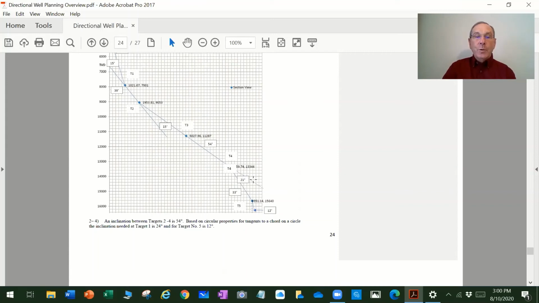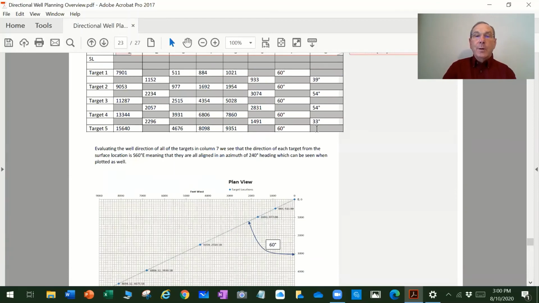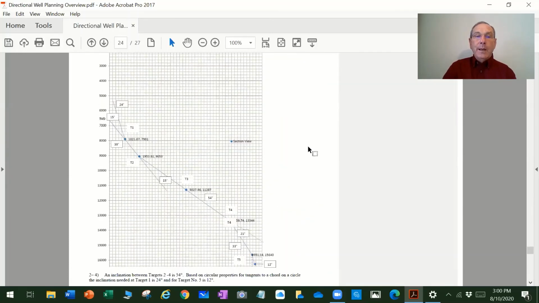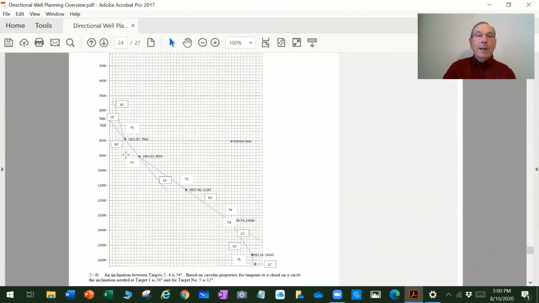So if we subtract 21 degrees from our inclination here, then we will need 12 degrees at the bottom in order to have an average angle between target number 4 and target number 5 of this 33 degrees. So the bottom angle needs to be 12 degrees, and our top angle needs to be 24 degrees.